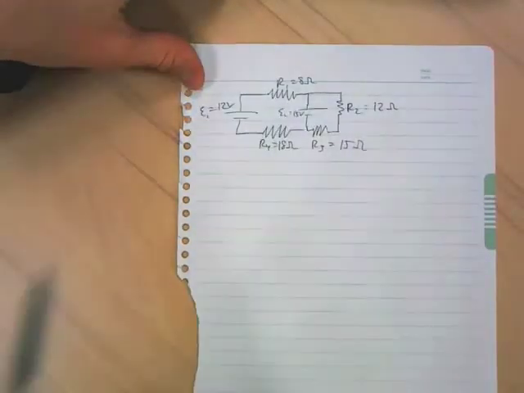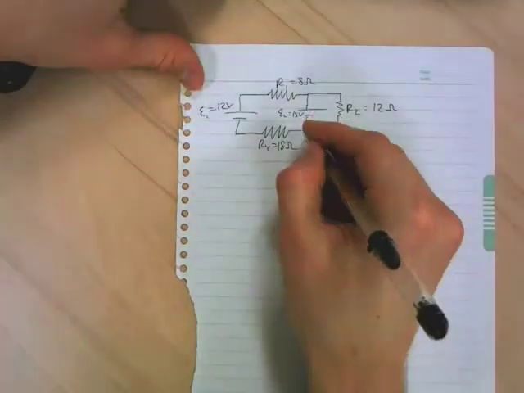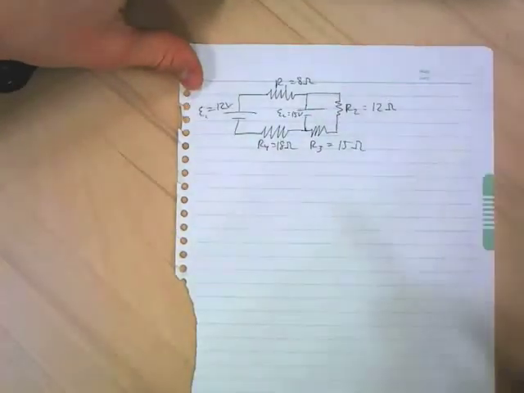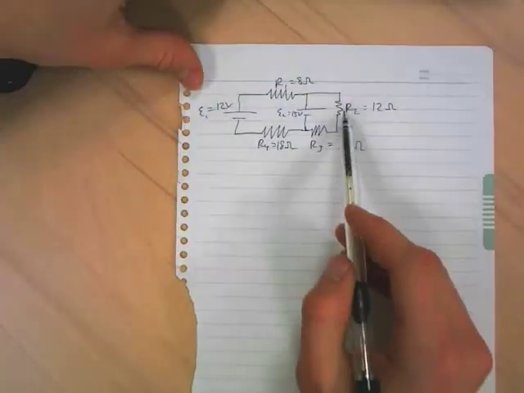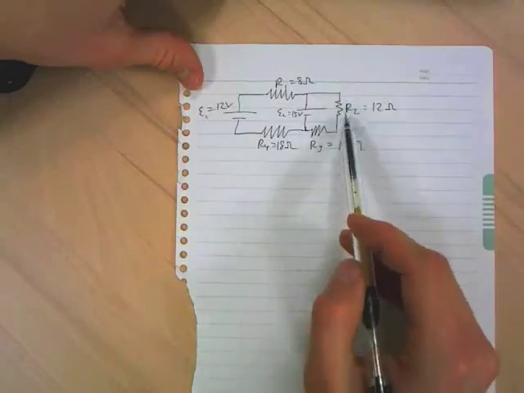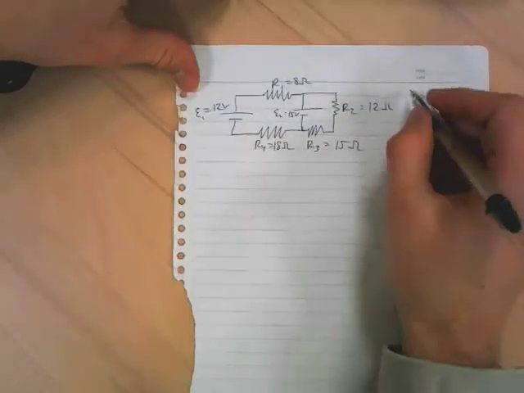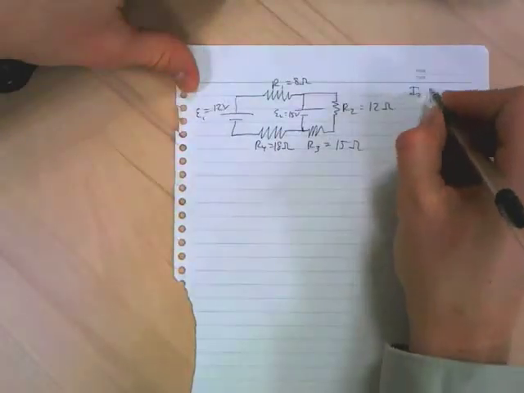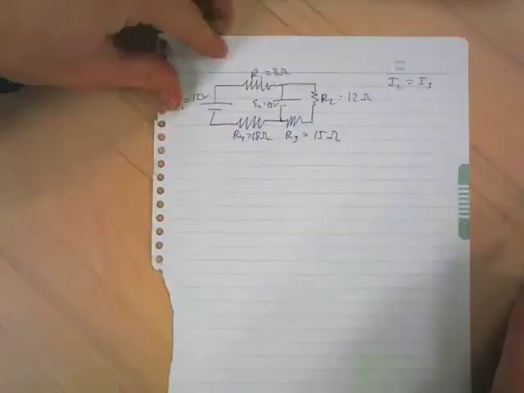We can first start by writing out a junction rule. We can write a couple things. First off, these 2 resistors right here are in series. The current flows straight through each of them. So we can right away say that the current flowing through those 2 is the same: I2 equals I3.